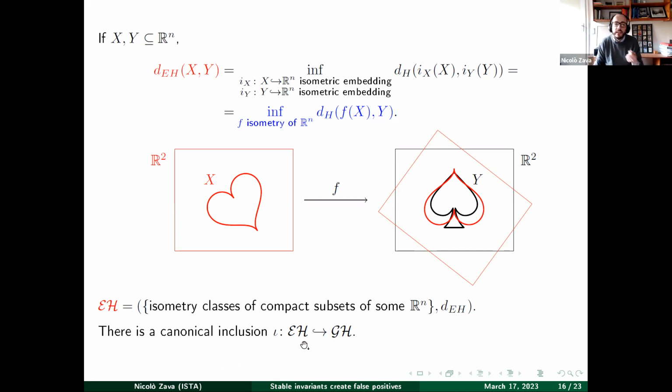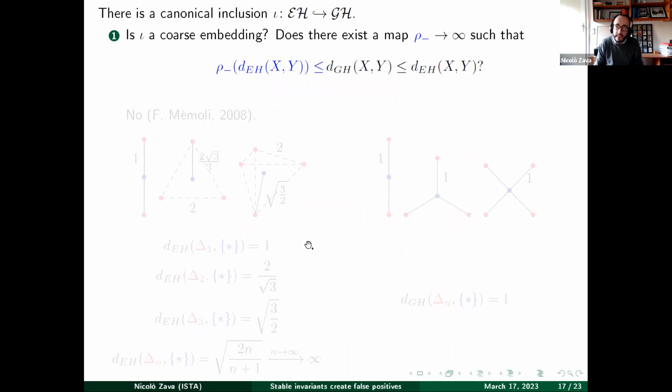So it is natural to ask what the properties of this inclusion are. Is it maybe a coarse embedding? Can we study the space EH to obtain information about the Gromov-Hausdorff space?